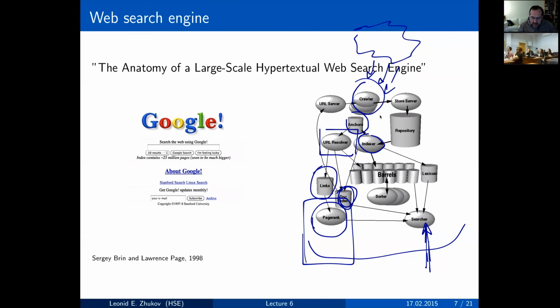Google introduced this entire metric, which they call PageRank, and supposedly that is what made Google results much, much better. Just out of curiosity, the screenshot says 25 million pages. So that's how it all started. I think about 10 years ago they stopped publishing the size of the index when it exceeded billions and billions of pages. But anyway, this is the generic architecture of a search engine.